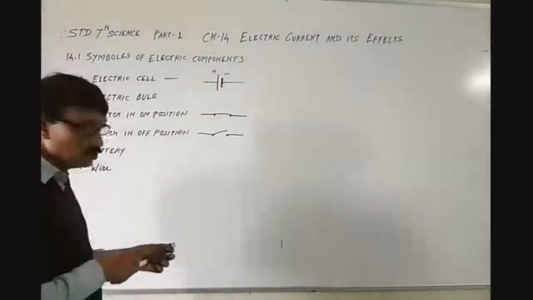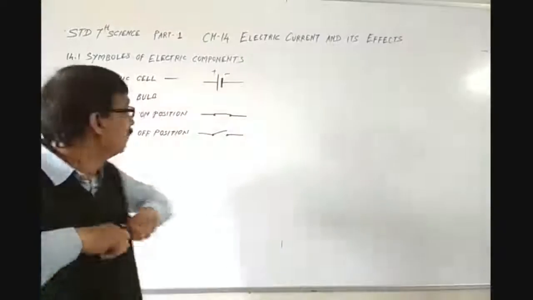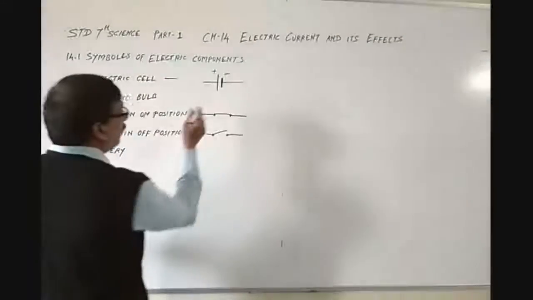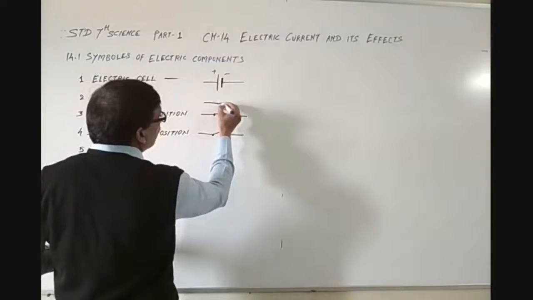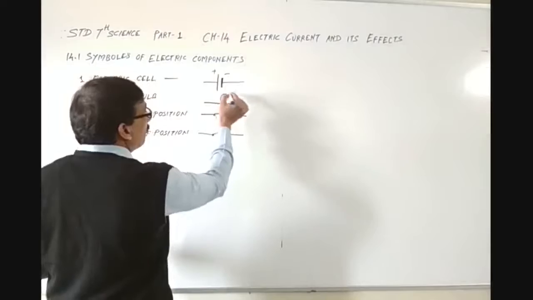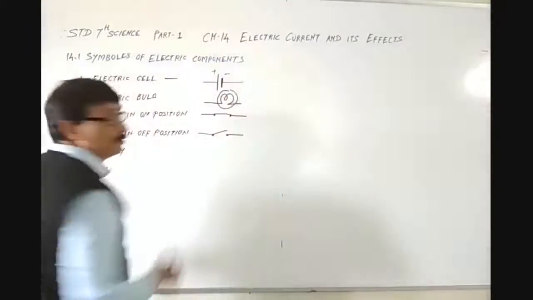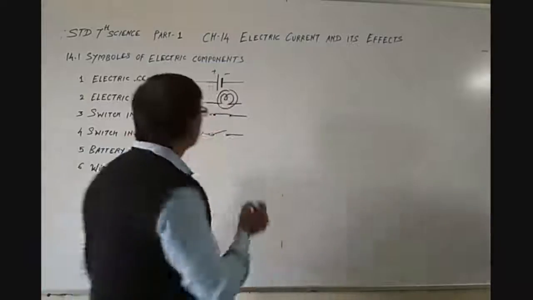To make you understand, the filament and the bulb look something like this. This is a filament and this is a bulb. So this is the symbol of a bulb.